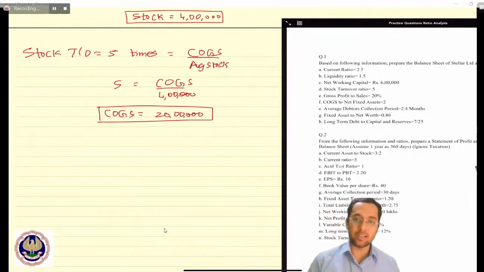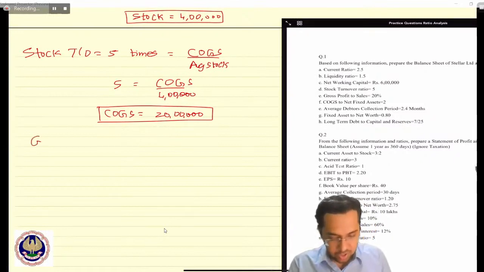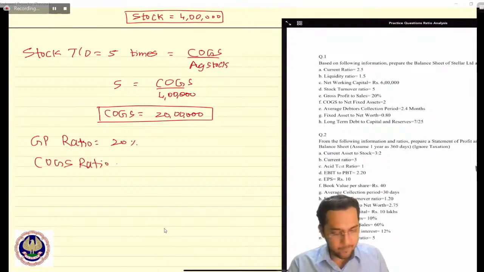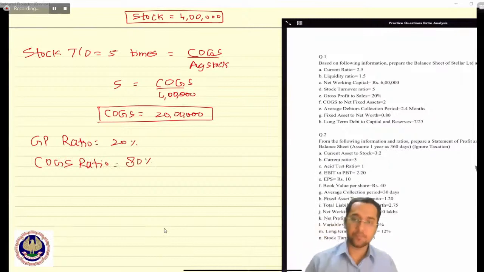Then we have GP to sales. That is going to give us the value of GP and the sales. The GP ratio is given as 20, so obviously the COGS ratio will be 80%.